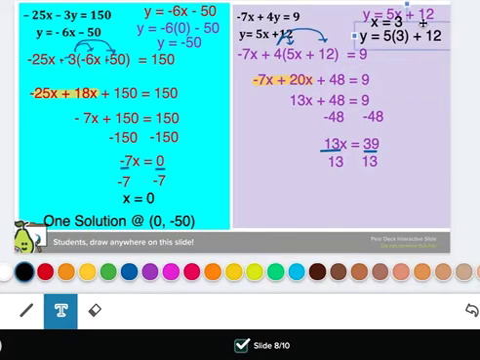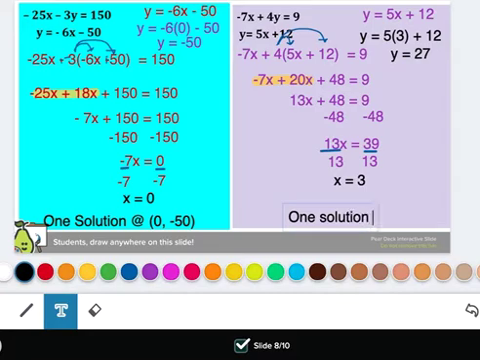That's 15 plus 12 is 27, so y equals 27. So you have one solution. Without graphing, you can find exactly where they meet, at 3 and 27, by using substitution.